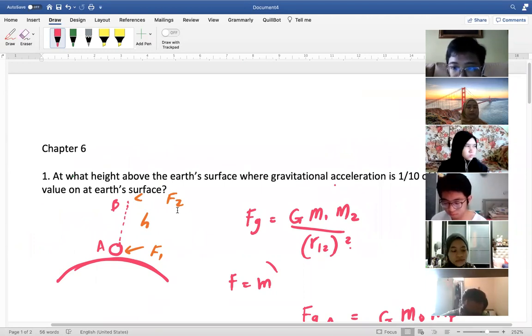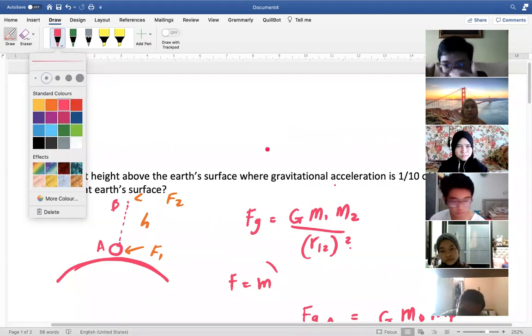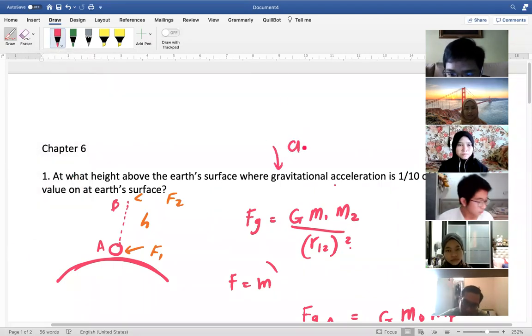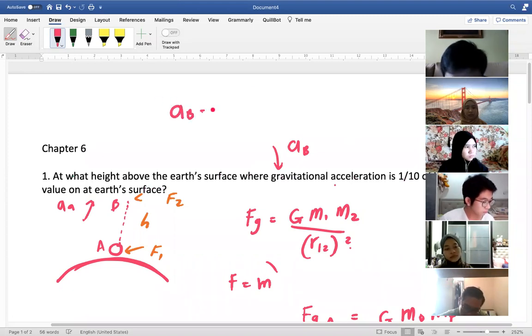Oh, okay. So it asks, at what height above the Earth's surface is the gravitational acceleration 1/10 of its value on Earth's surface? So this one we call acceleration B, right? This one is acceleration A. So it asks, at what height above the Earth's surface is the acceleration 1/10 of its value on Earth's surface? So the value of AB is 1 over 10 of AA.